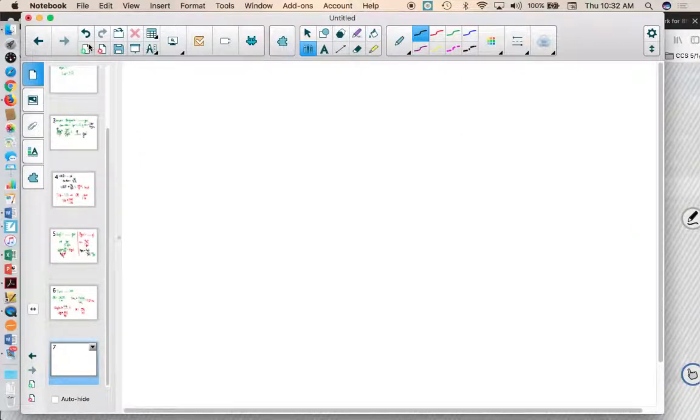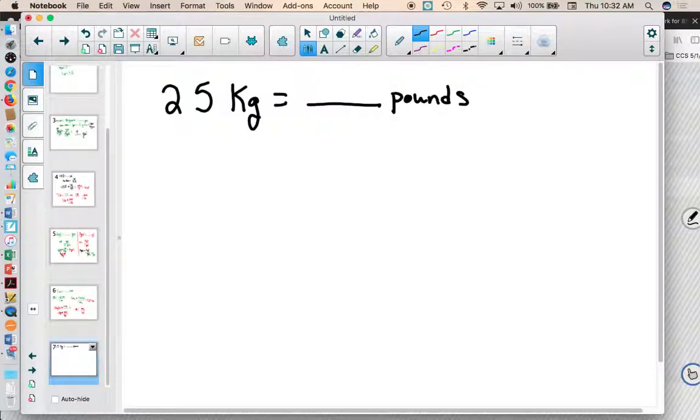Let's see if I can go from 25 kilograms equals how many pounds? What's the CR? Now I'm going from kilograms to pounds.